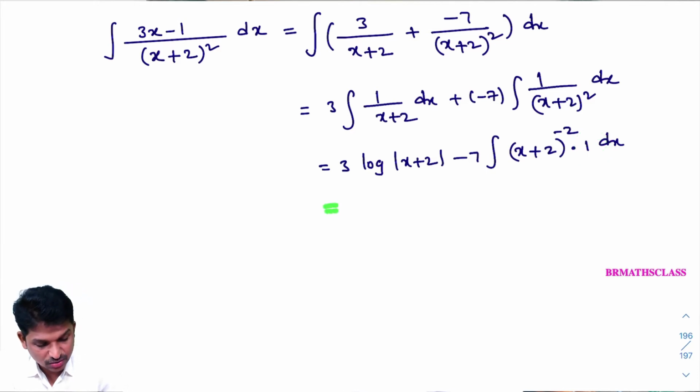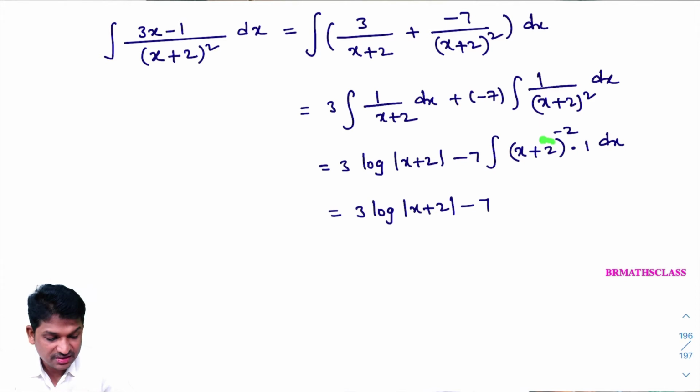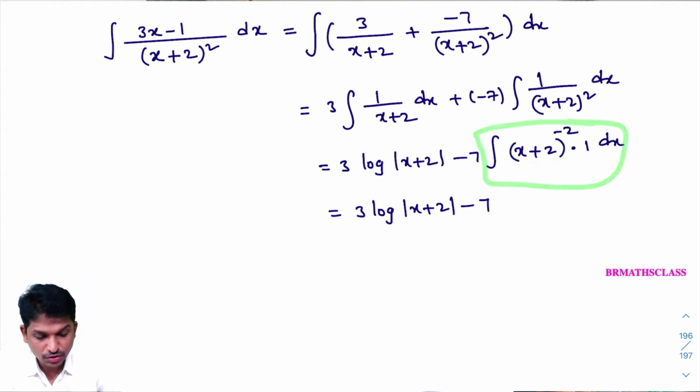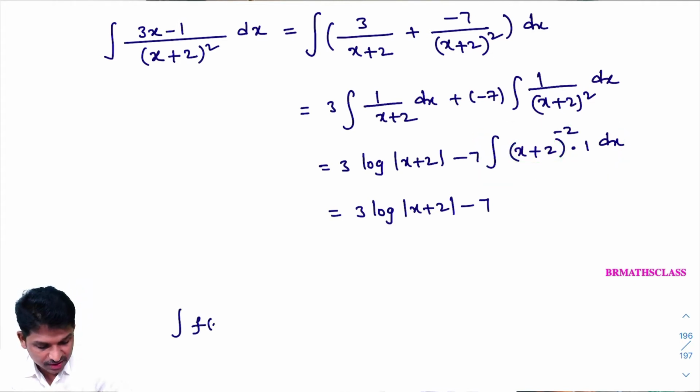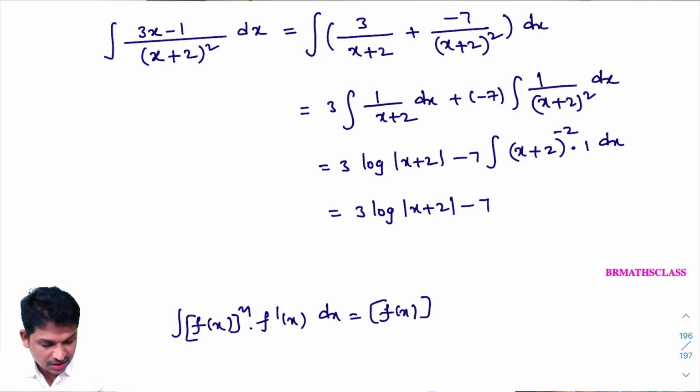That equals 3 times log mod x plus 2 minus 7 into. You observe, what is the derivative of x plus 2? Derivative of x plus 2 is 1. And this integral is of which form? We know this formula: integral of f of x whole power n into f dash of x dx is f of x whole power n plus 1 divided by n plus 1 plus c.